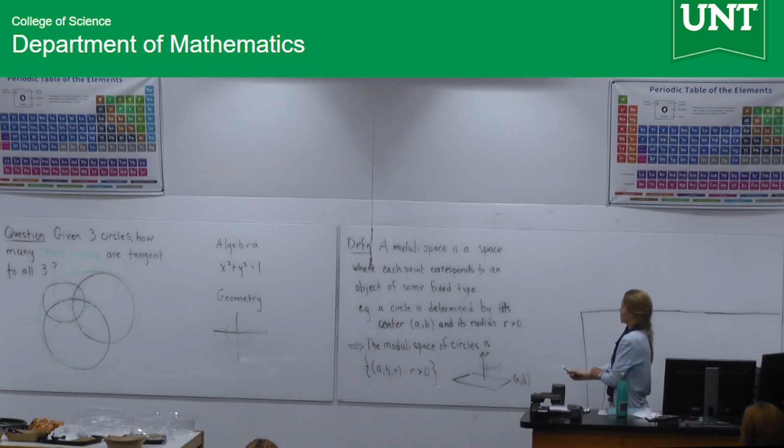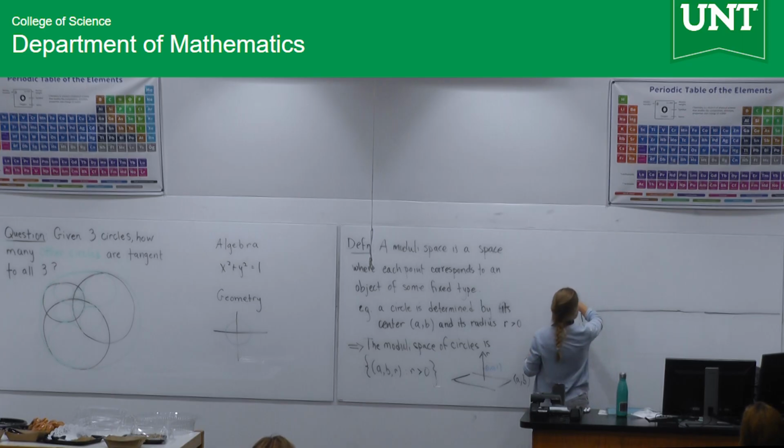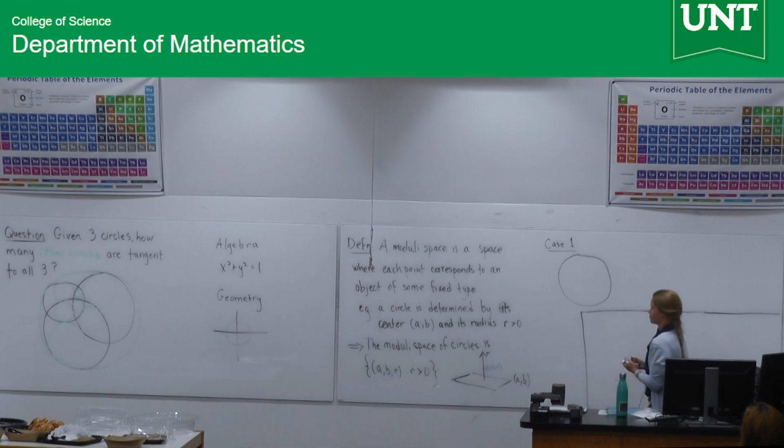So now let's suppose we fix one circle. And we ask to describe all of the circles tangent to that one fixed circle. There's a couple cases for what this might look like. But let's consider, as a first case, when our fixed circle is in black here, and we're looking for circles tangent to it, not contained or containing it.